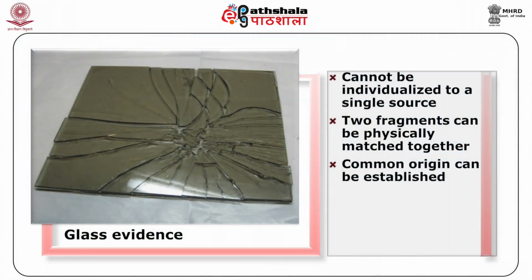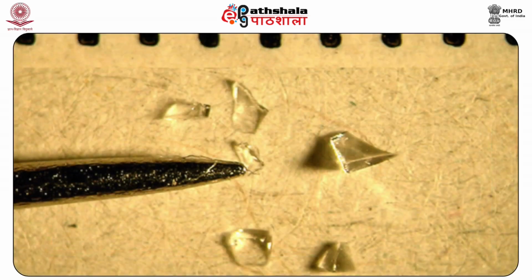Glass evidence cannot be individualized to a single source. However, there are some instances where two fragments can be physically matched together and a common origin can be conclusively established.